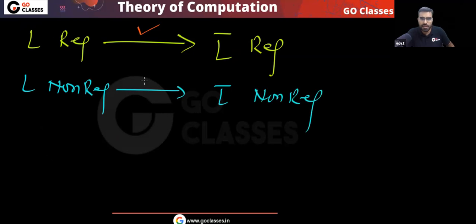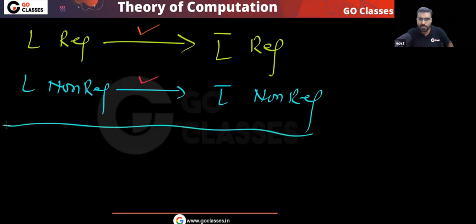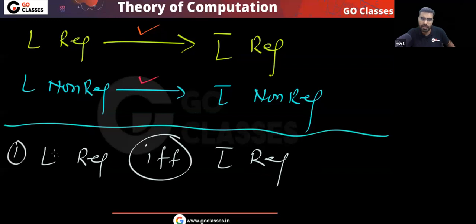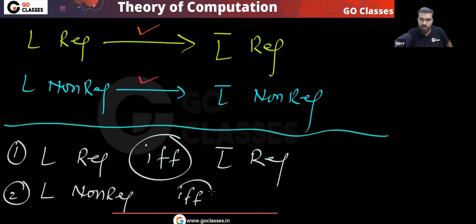So can you create an if and only if statement? L is regular if and only if L complement is regular. I can also say L is non-regular if and only if L complement is non-regular.